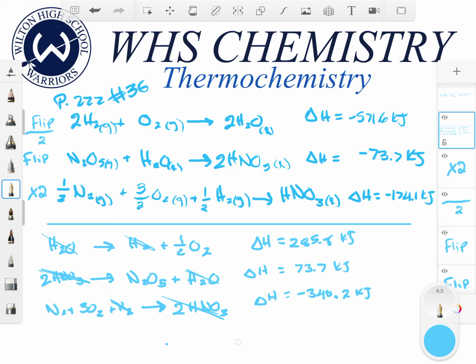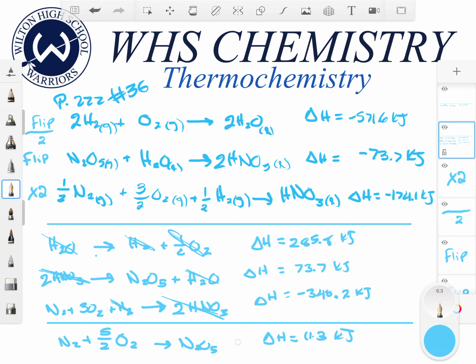If we don't cancel out this half oxygen, there'll be excess oxygen in the products. So we cancel this here, and then we just change this coefficient in oxygen for the products to 5/2. And once we do that, we'll get our final equation here underneath, which is N2 plus 5/2 O2 yields N2O5.